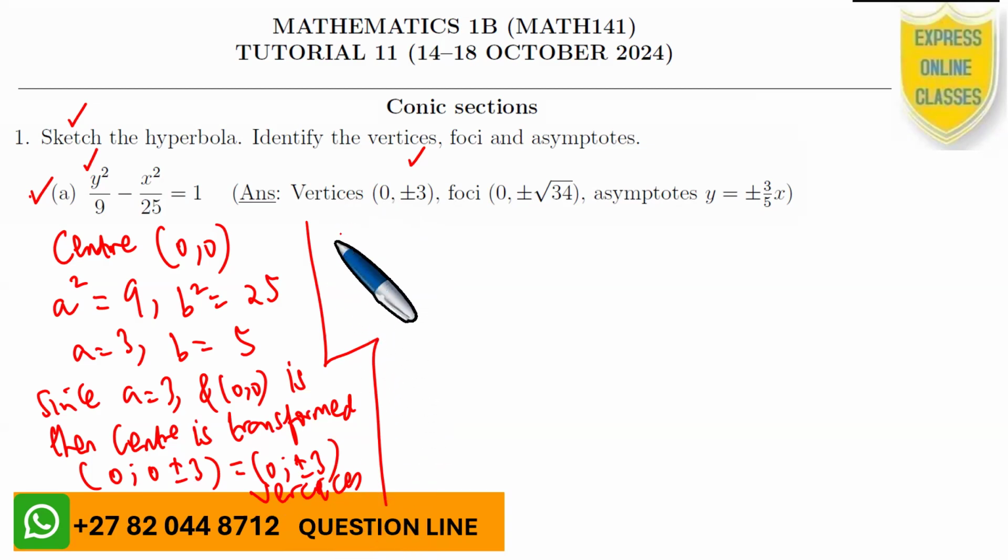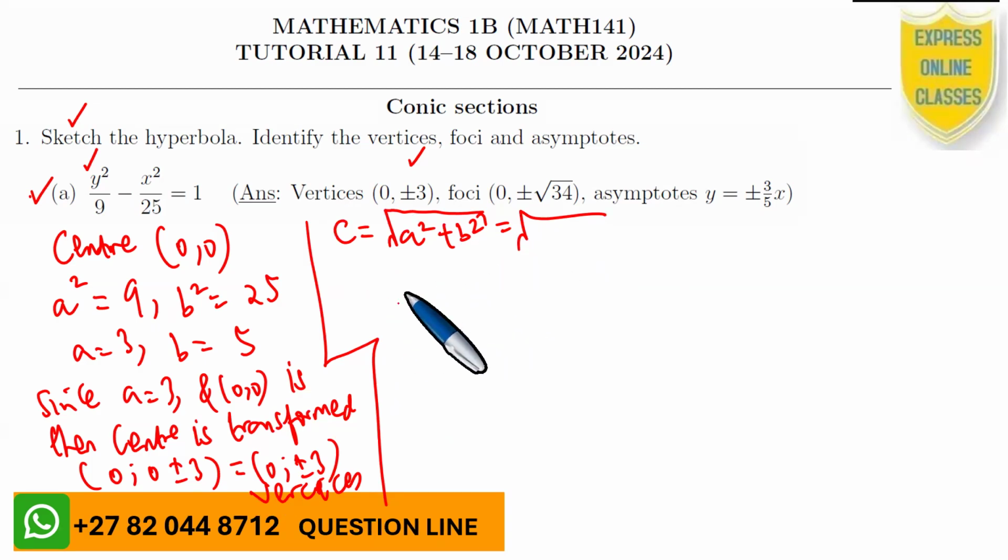Simultaneously, we need to find the foci. c becomes the square root of the sum of a squared and b squared, always for the rectangular hyperbola. The a squared is 9, the b squared is 25, the sum is 34. Now, after we got c, we are able to find the foci.